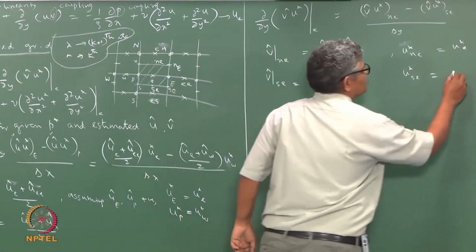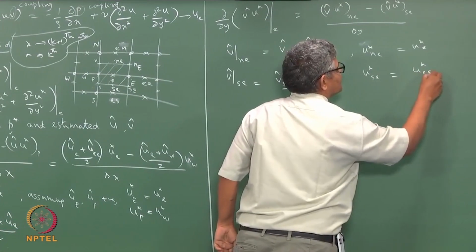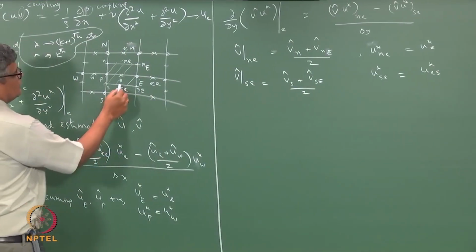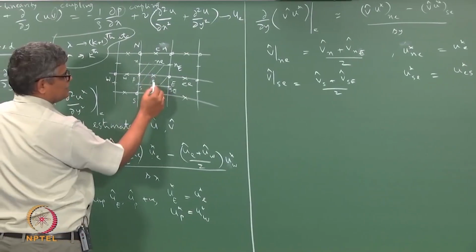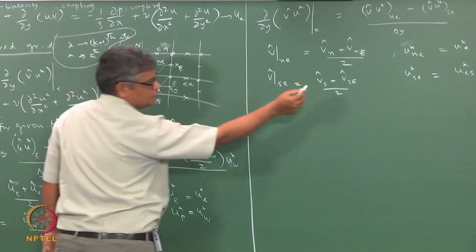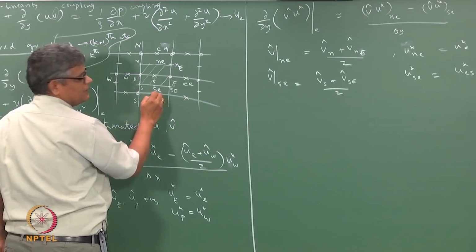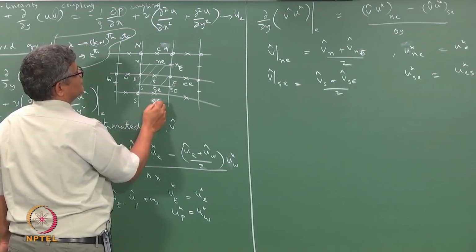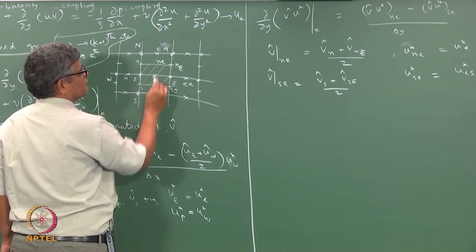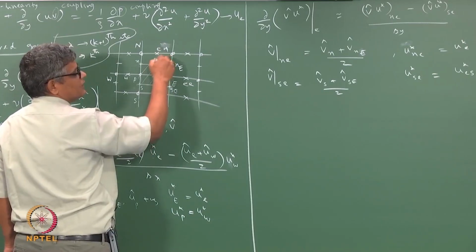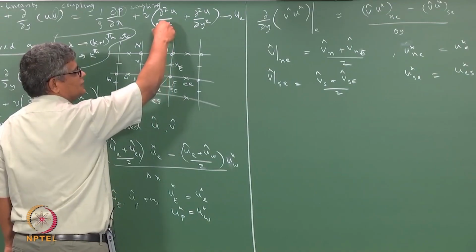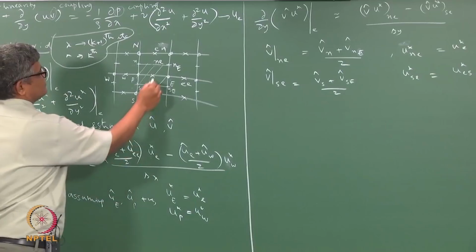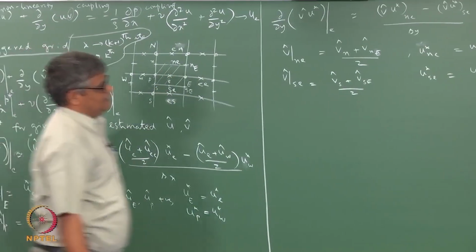So this is equal to u star es. Okay. So if the flow is coming in this direction, the value of u star that it is bringing is from the immediate downward neighbor, which is u star at es. And similarly at this point here, the flow is coming in this direction, so it cannot be bringing the value in this direction, it can only bring in the upwind direction, that is ue star here.